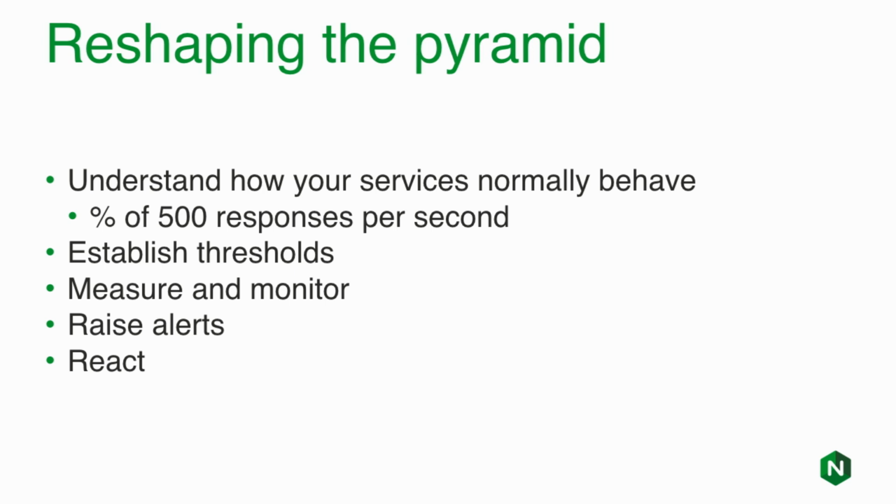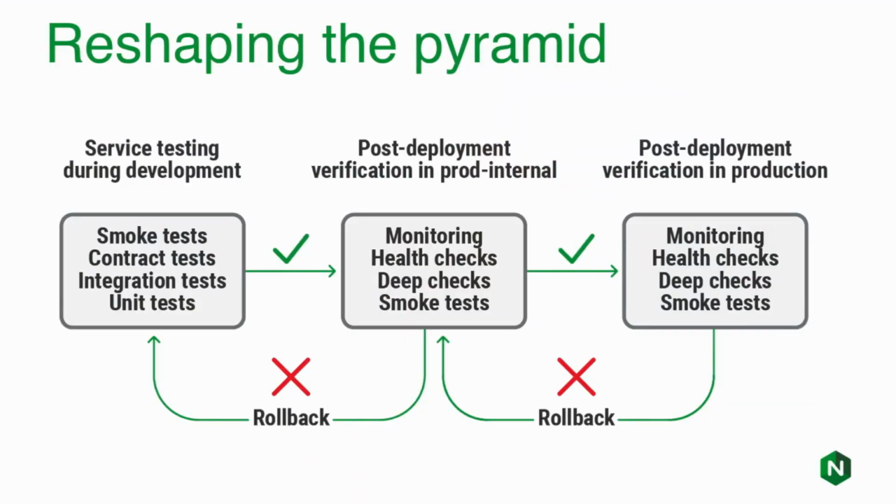Measure, monitor, raise alerts, and react. But again, I have a quality engineering DNA, so I say just go do it in production. You can train internally, right? You can have different test environments. You can have service development.